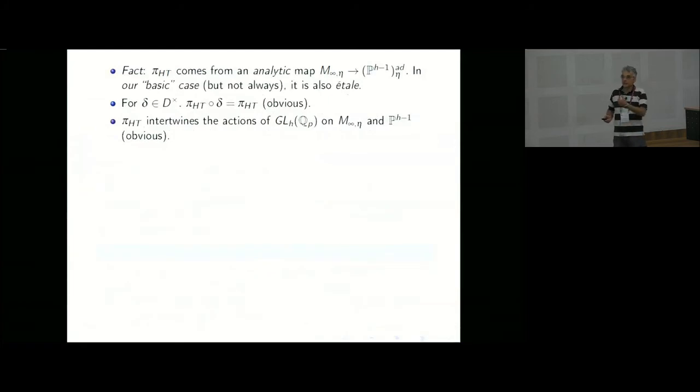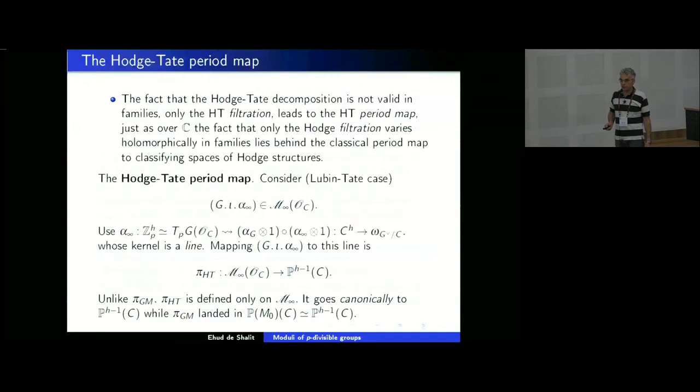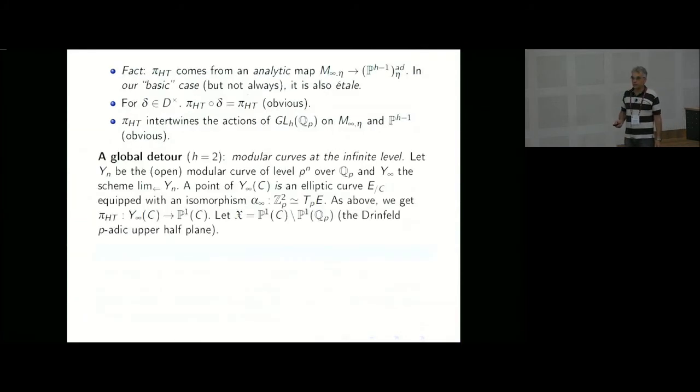So it really is invariant under composition with delta, and it intertwines the actions of GL_h, the other group that acts on the moduli space at infinity via change of level structure, and P^{h-1}, and that's obvious, right? That's just linear algebra, because that action only changes alpha infinity by precomposing with the linear change of variables here, and this will result, of course, in a fractional linear transformation on the projective space side.